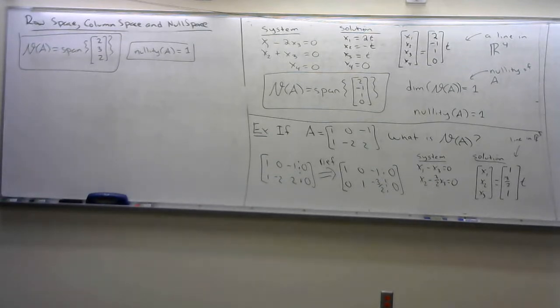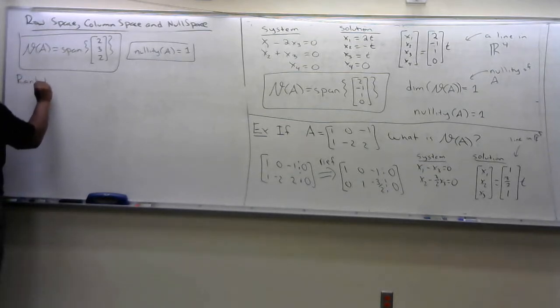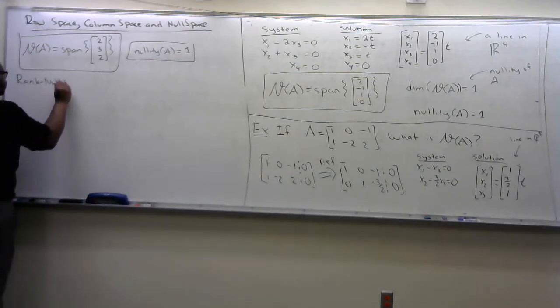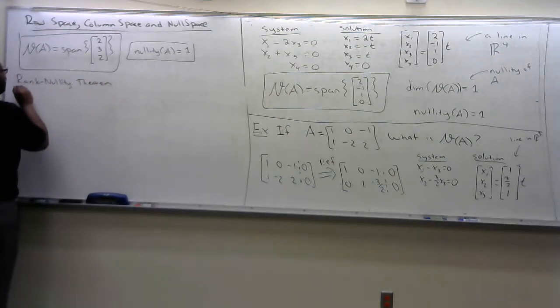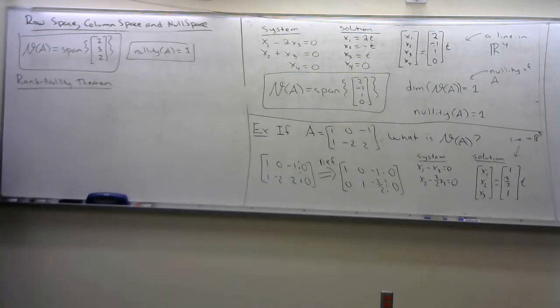I want to do one more example, but I want to talk about the rank nullity theorem first, and then we'll do this last example and be done for the day. The rank nullity theorem. If you guys remember, before we actually had the rank theorem, this is very much the same thing, just a different way of saying it.